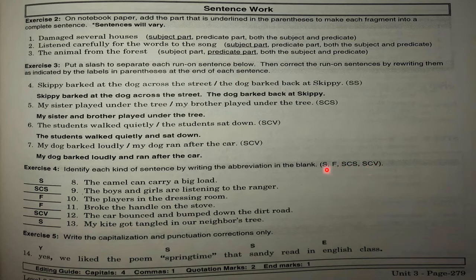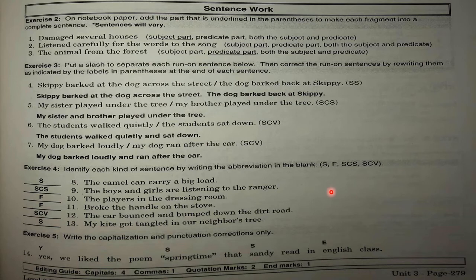So I'm going to say simple sentence, fragment sentence, simple sentence with a compound subject, or simple sentence with a compound verb. S, F, SCS, or SCV. I think it's very clear, okay?